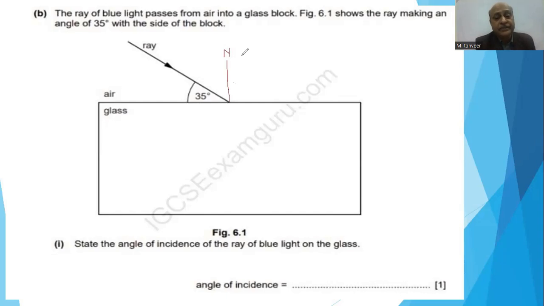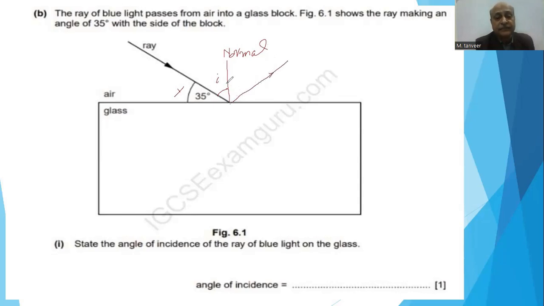Now you have to draw the angle of incidence. So this is your angle of incidence, and this is the normal. You have to measure this angle. This is not the angle of incidence; this is the angle of incidence. Similarly, if they ask you to find the angle of reflection, then you have to draw the reflected ray first.